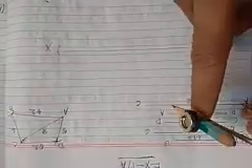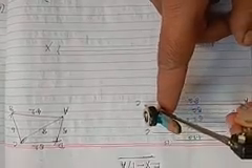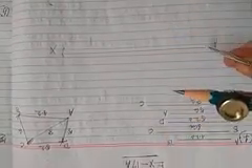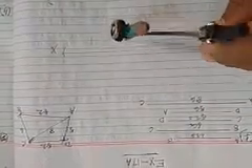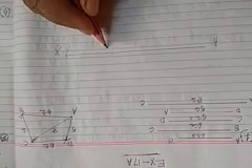In my compass, take the measurement of AC as radius. Taking A as a center, cut this line segment AC. So this is the point C.